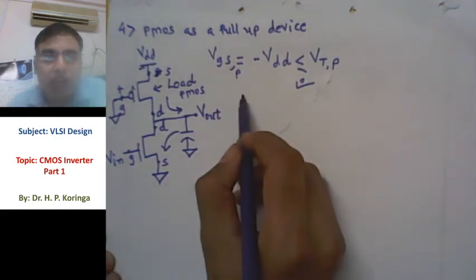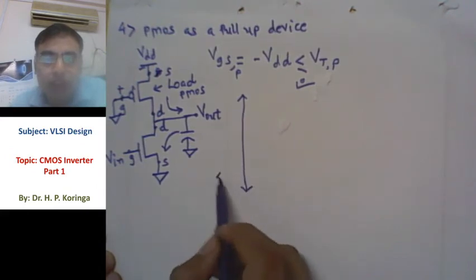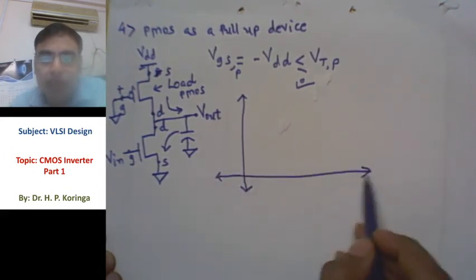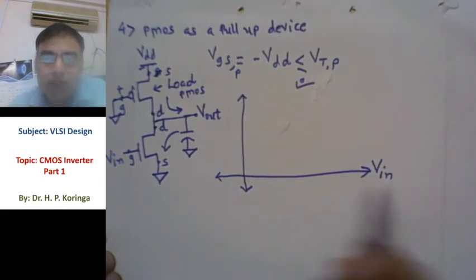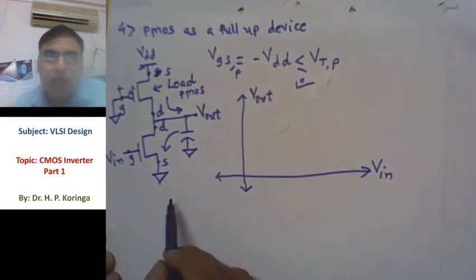Now let's see what is the maximum output it can produce and what is the minimum output it can have. Here is Vin and here it is the output.